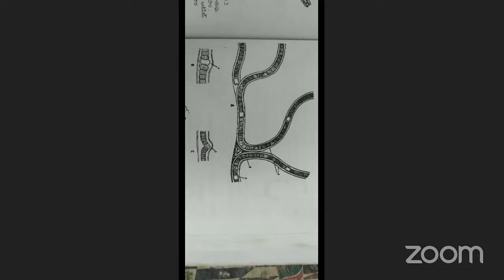That's why they form a branch-like structure, but not a true branch. So this is the false branching.